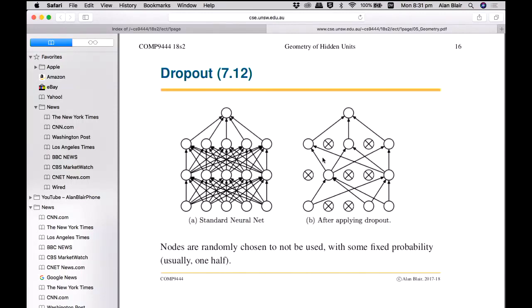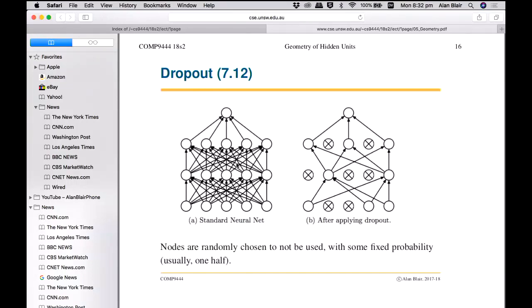But there's a very nice trick to get around this. After you finish training, when you're deploying the network, you do use all the nodes, but the activation of each node is multiplied by the same percentage as the dropout. So if 50% of the nodes get dropped out, then when you're testing, you multiply the activation of each node by 50%.